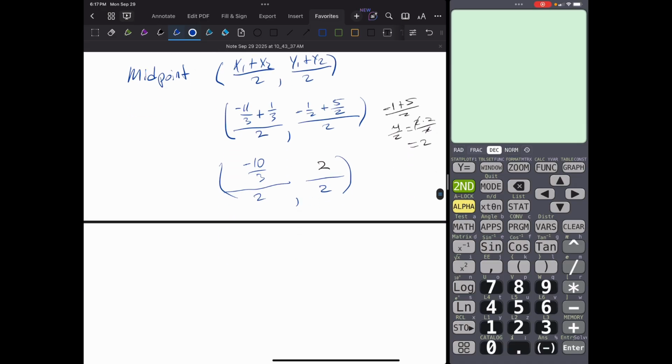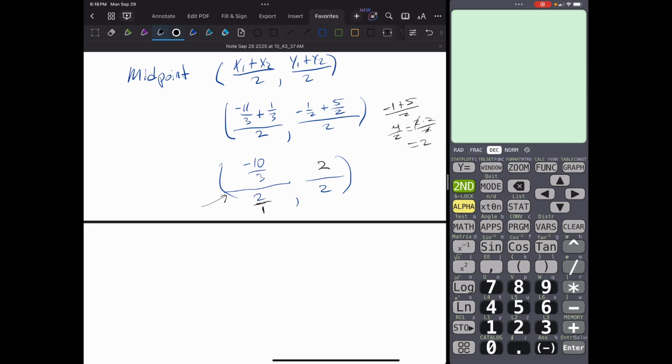All right, a couple of different ways to handle this as far as thinking through what I want to do with this 10 thirds divided by 2. My mind says it's easier to think of that 2 as 2 over 1, and I can convert division to multiplication by multiplying by the reciprocal of the thing I'm dividing by.